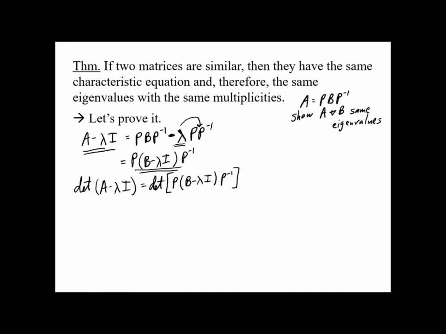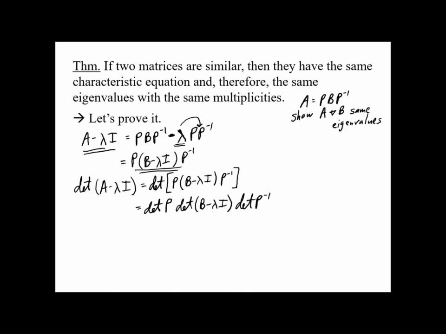Now, we had that property earlier that if you have a product of matrices, the determinant is the product of the determinants. So this is equal to the determinant of P times the determinant of B minus lambda I times the determinant of P inverse.